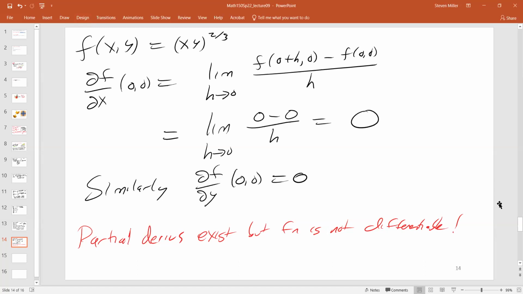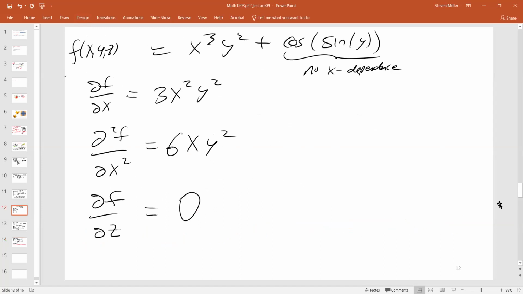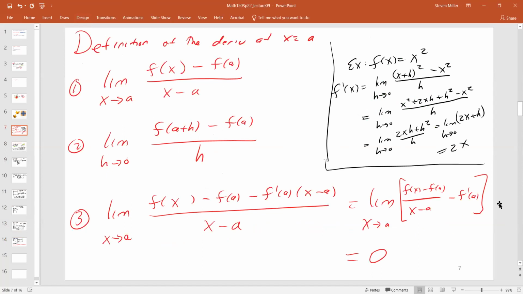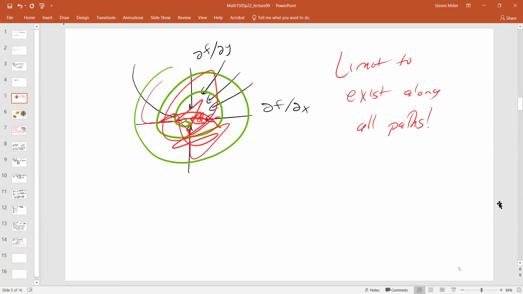Why are you saying it's not differentiable based on this? So we should basically be able to get the same limit no matter how we approach, no matter what path we take. So again, go back to the Miyagi karate. No matter what path I take, I want to see the same behavior.